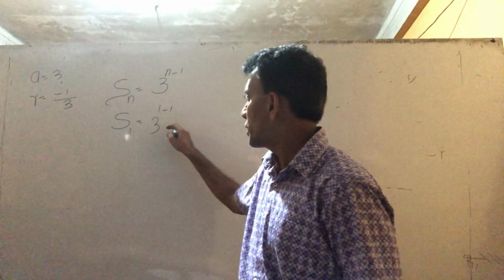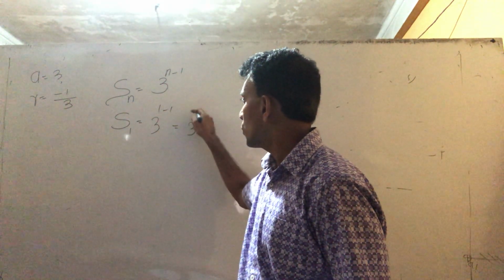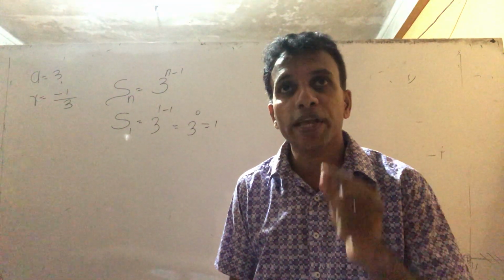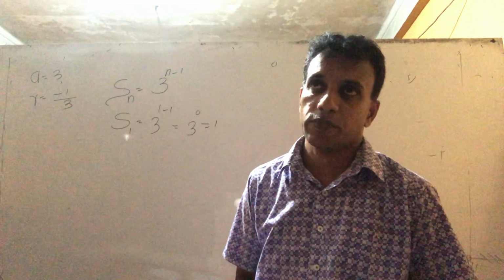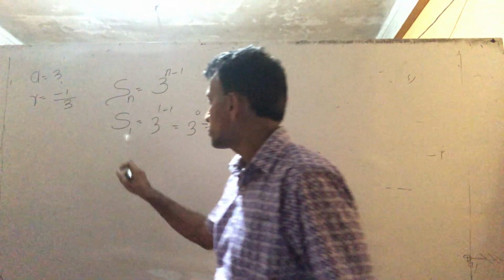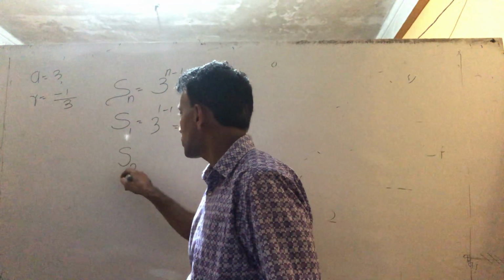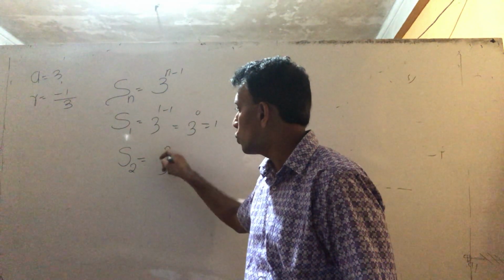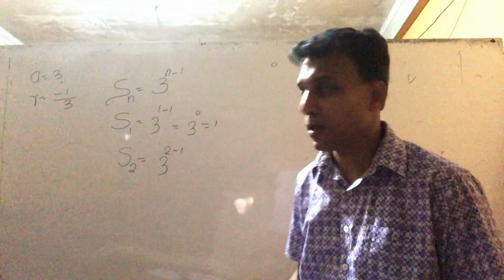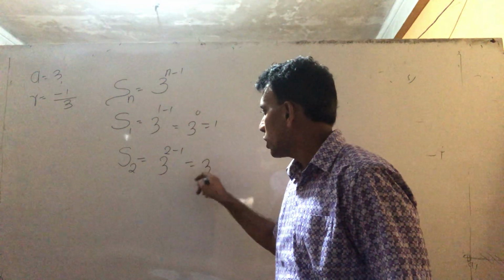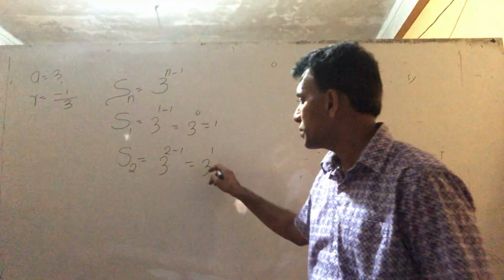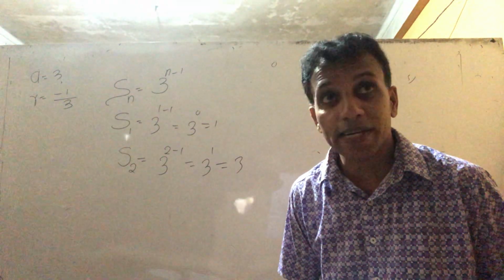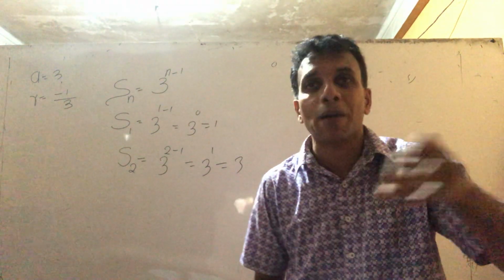So 3 to the power 1 minus 1, that is 3 to the power 0. Sum of one number is 1. That means the first term is 1. Put n for 2. 3 to the power 2 minus 1, 3 to the power 1, that is 3. That is not the second term, it is important: it is the sum of the 2 numbers.